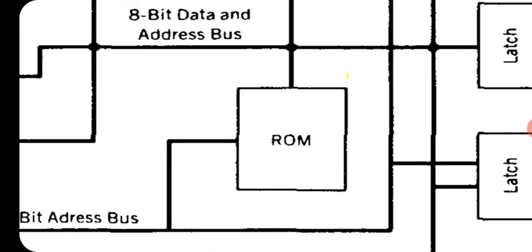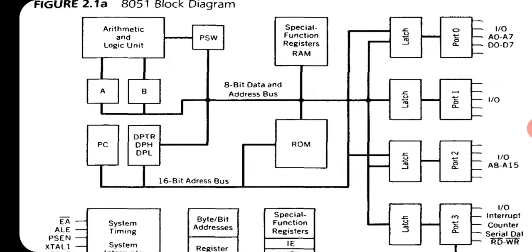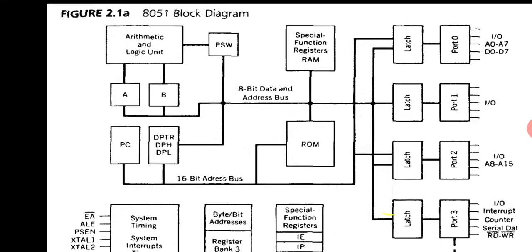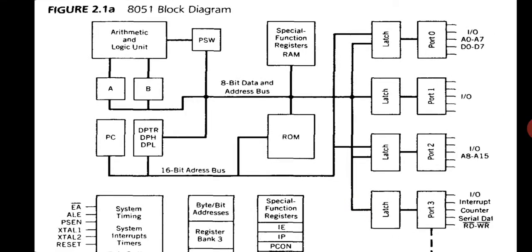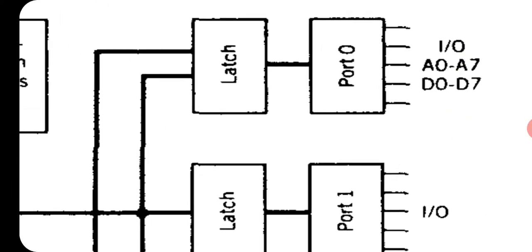You have ROM memory, RAM memory, and on the right side, after the latches, you have port 0, port 1, port 2, port 3. Port 0 has 8 pins from D0 to D7. D0, D1, D2, D3, D4, like this till D7.